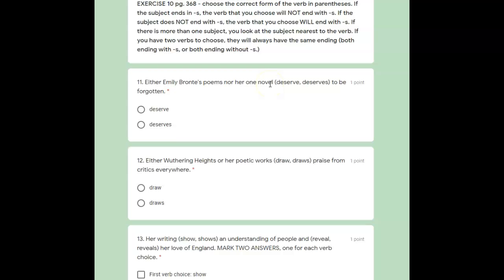Now the problem is we need to choose the one that is closest to our verb that we have to pick. So our verbs are here, deserve or deserves. Which one is closest to deserve or deserves? Novel. So here is our subject that we're worried about. Does novel end with an S? No. So your verb will end with an S. Novel deserves.